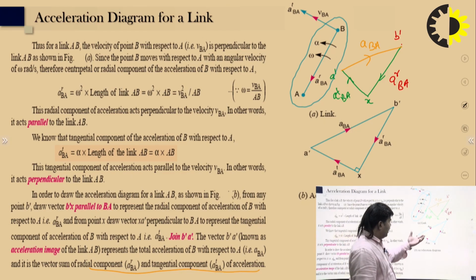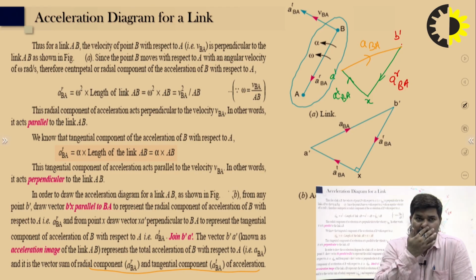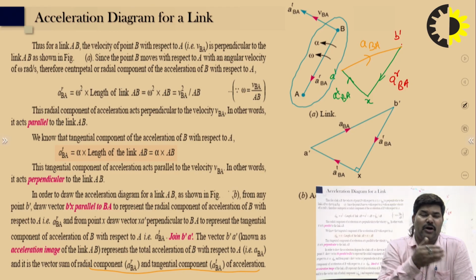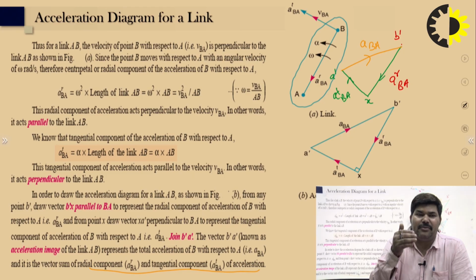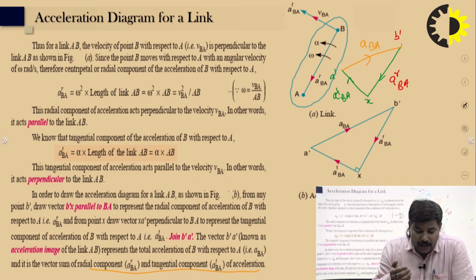In this figure, step 1: in the velocity diagram we take small a b c, and in the acceleration diagram a dash b dash. I take one point, b dash.